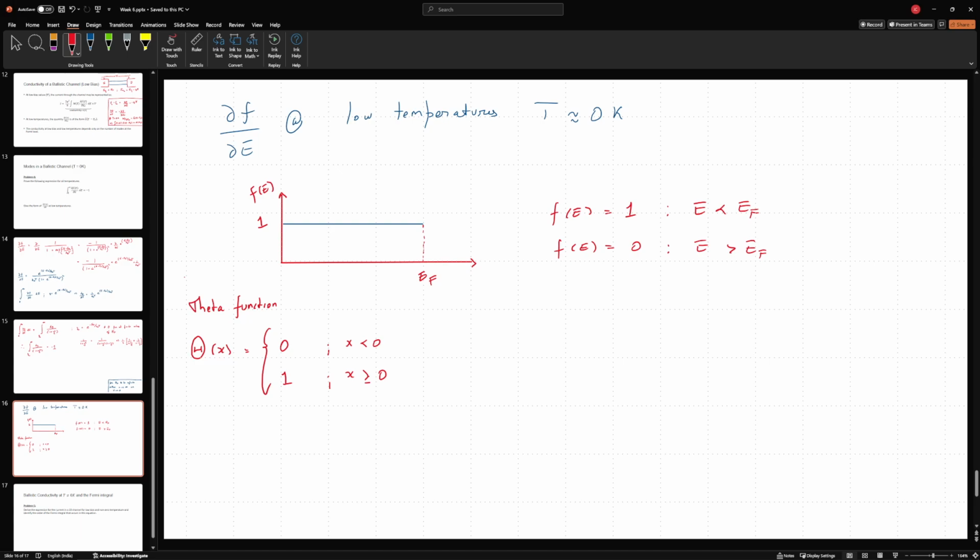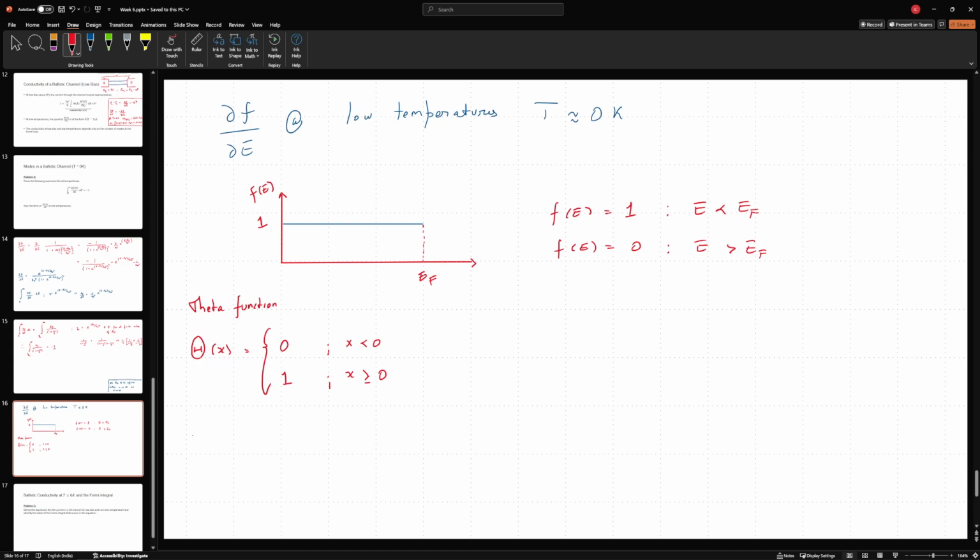Then the idea is that I need a function that is 1 only in this range. So similarly, if I write theta of minus x, then this symbol here is going to be flipped over. So I definitely don't want anything over here. Anything for greater than EF, I want the function to be 0.